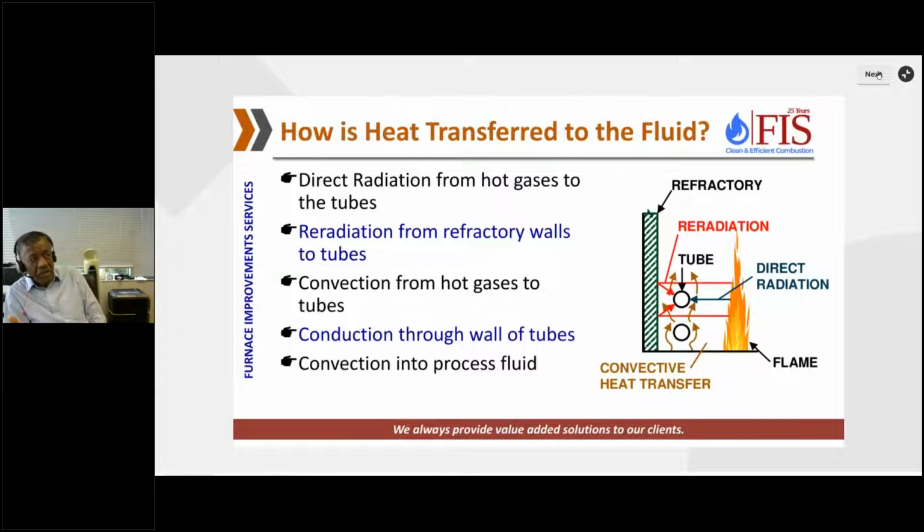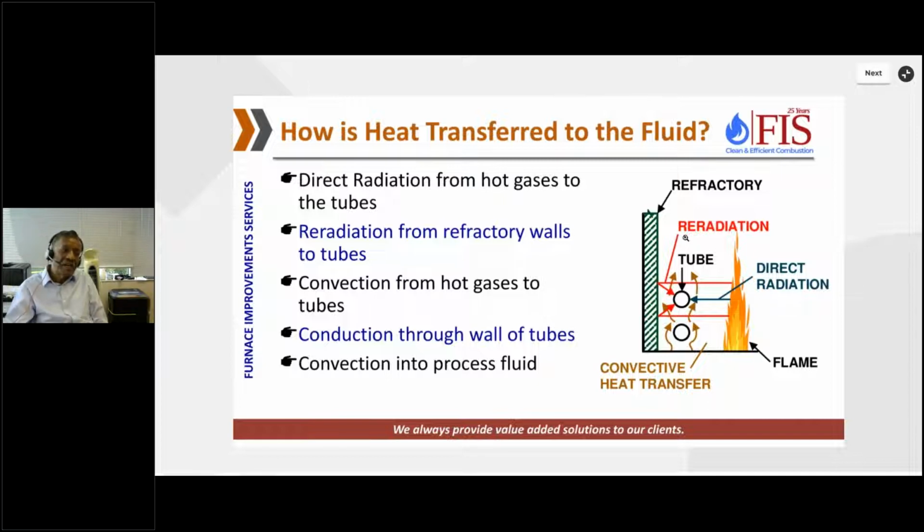So let's talk about how the heat is transferred in the radiant section. I keep on going to basics, and I will find that the more you understand basics, the better you will appreciate your furnaces. So if you see over here, there are two radiation mechanisms by which the tubes are being heated.